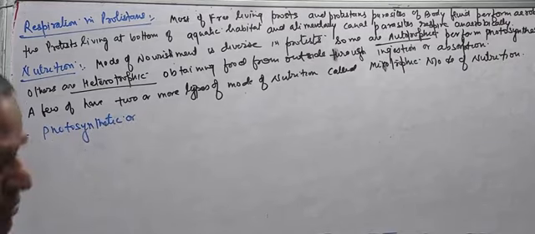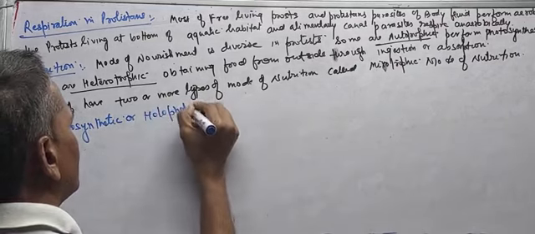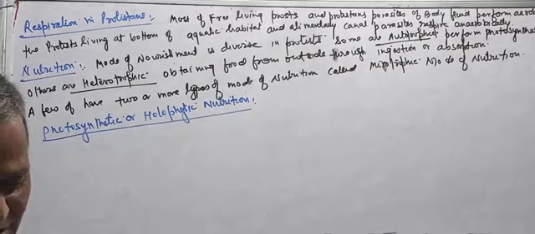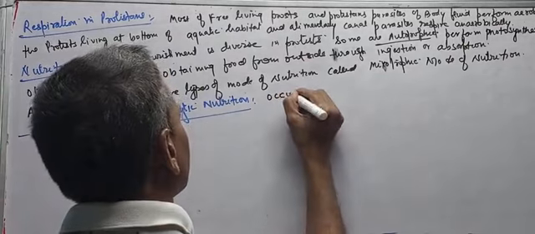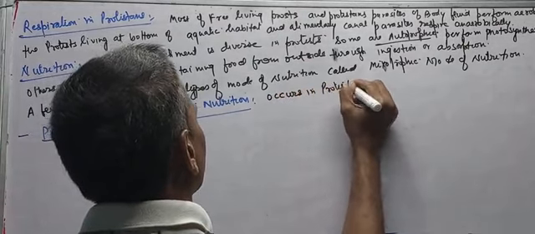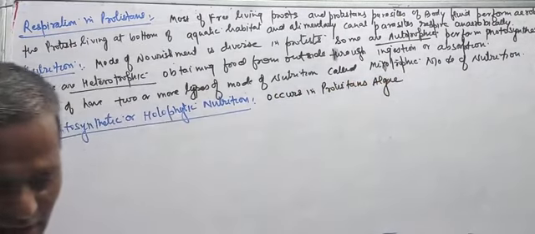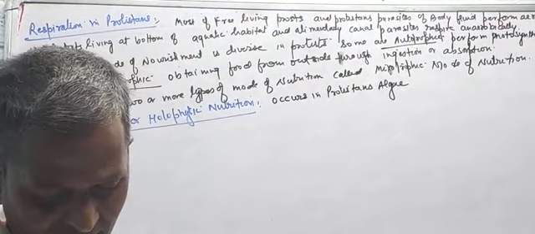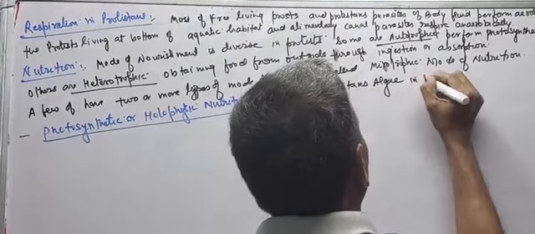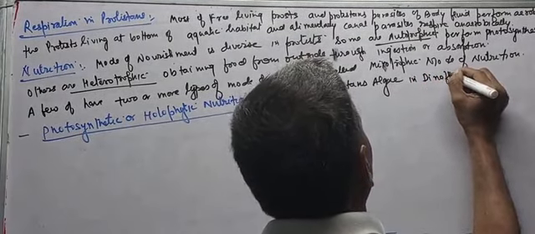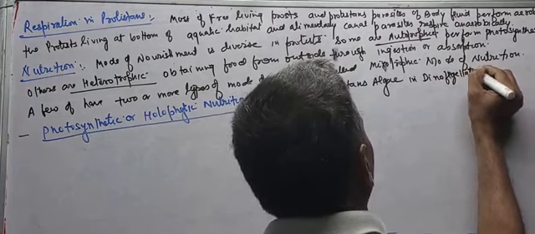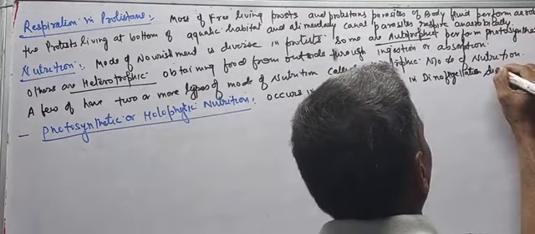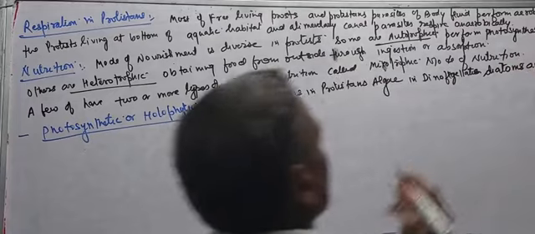It occurs in protistan algae. Important members are dinoflagellates, diatoms, and euglenoids.